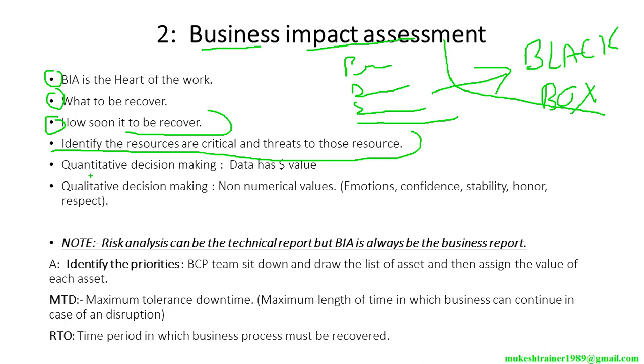Next is quantitative decision making: data has value. If it is a bank, or confidential or classified data, you need to be sure how valuable it is and how soon it needs to be recovered.